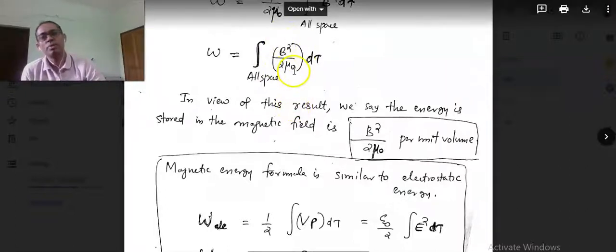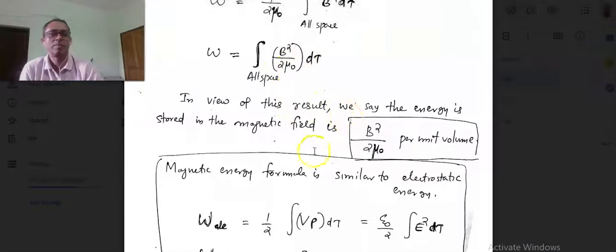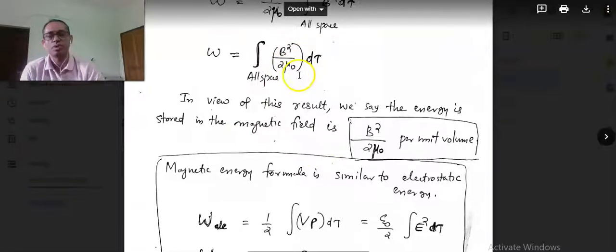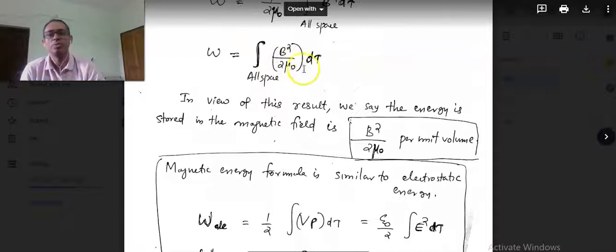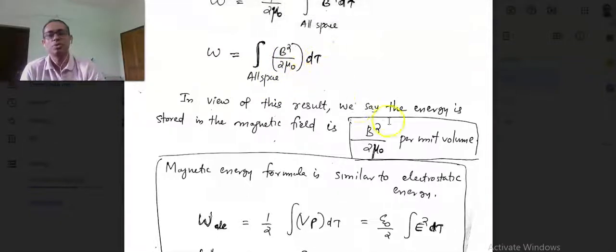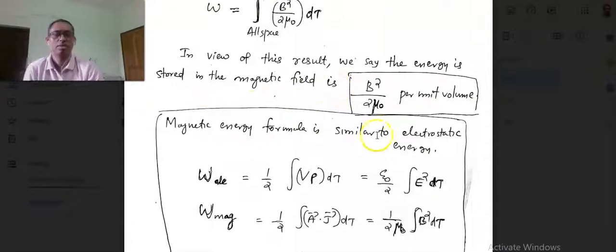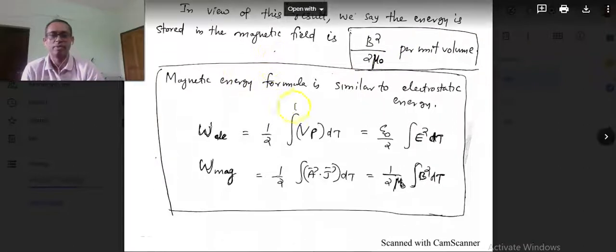So B square by 2 mu 0 is the energy per unit volume in the magnetic field. We are multiplying B square by 2 mu 0 with volume d tau, so B square by 2 mu 0 into d tau is the energy stored in the field. So B square by 2 mu 0 is the energy stored per unit volume.